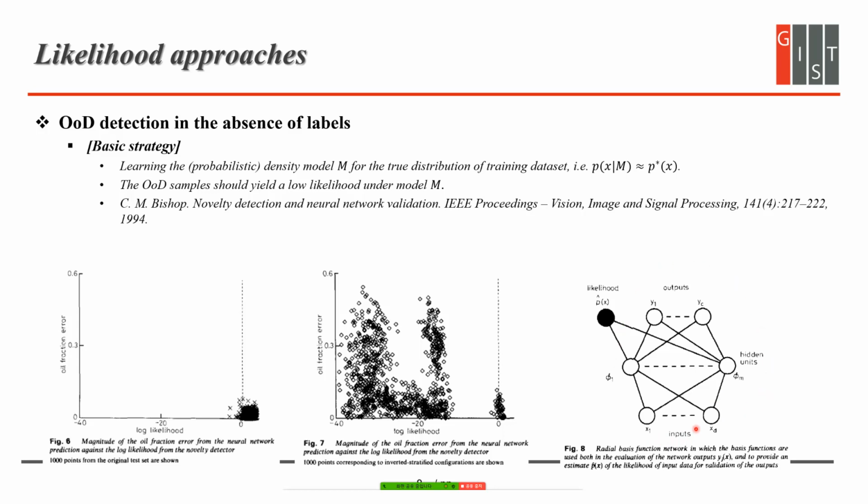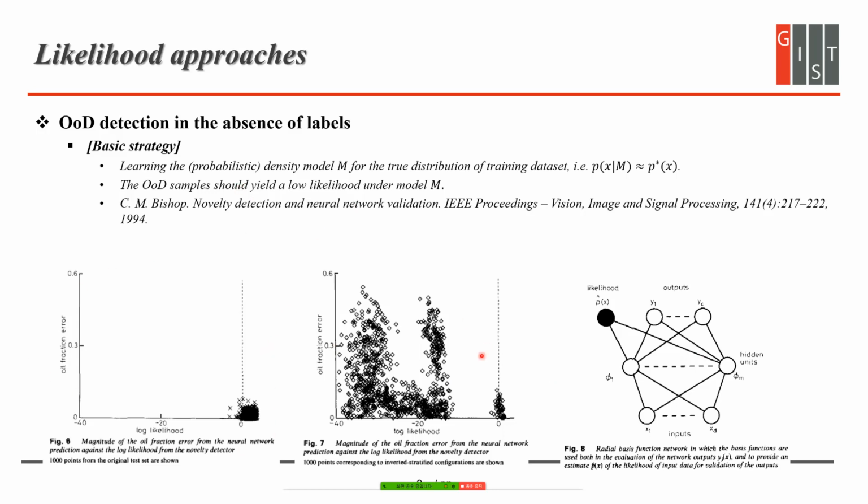The main point is the white one is the common procedure for estimating how we lose the oil during the transmission, and by adding the likelihood, by learning the probabilistic density model for the true distribution of the training data, which means that likelihood values are also trained in the neural network.